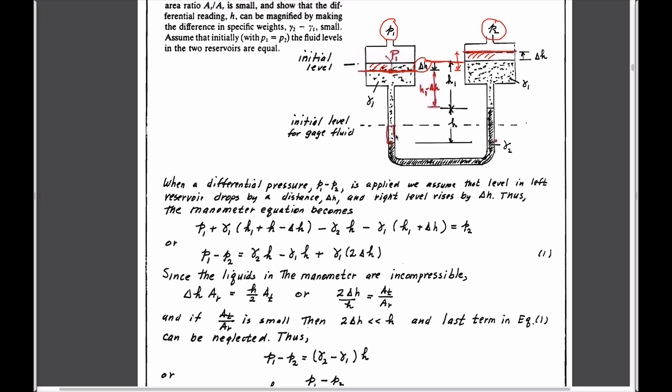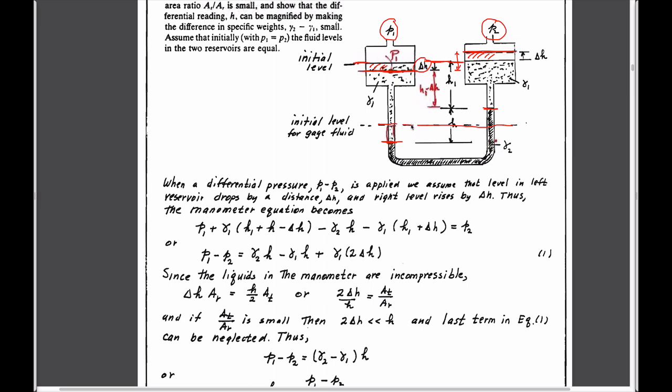The other thing that will happen is that in this case, the easiest initial configuration is if you start off with this level being the same in both, then the level in the other fluid, the lower fluid, also starts out the same. And this displacement of this fluid by an increase in pressure will push this one down to here. And by continuity, this will rise up by the same amount.